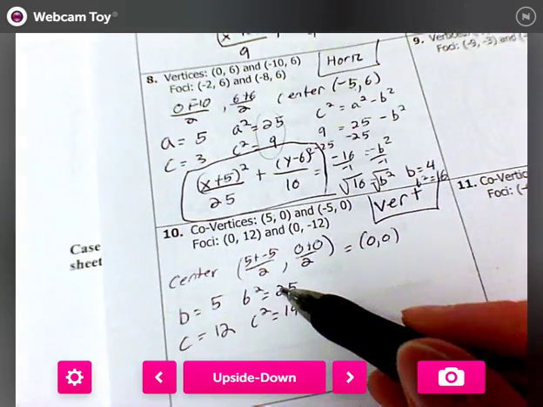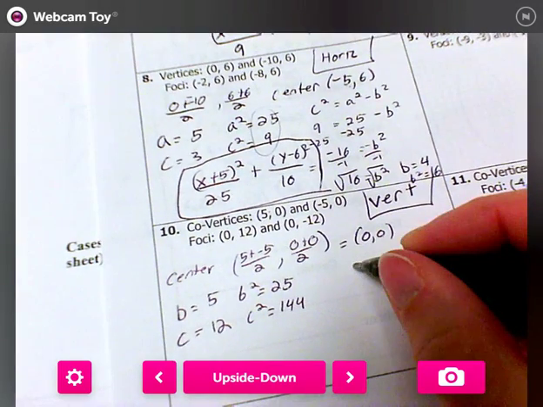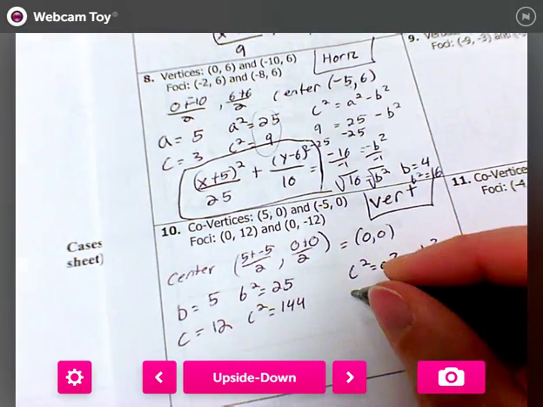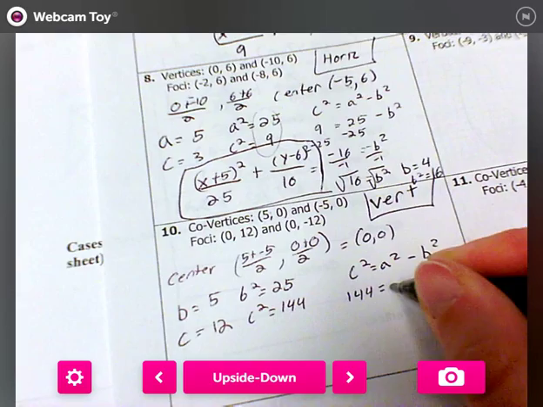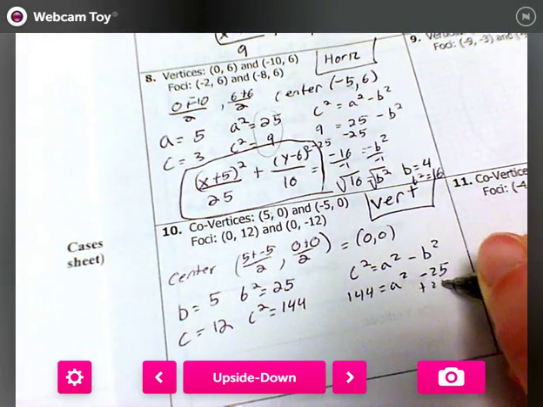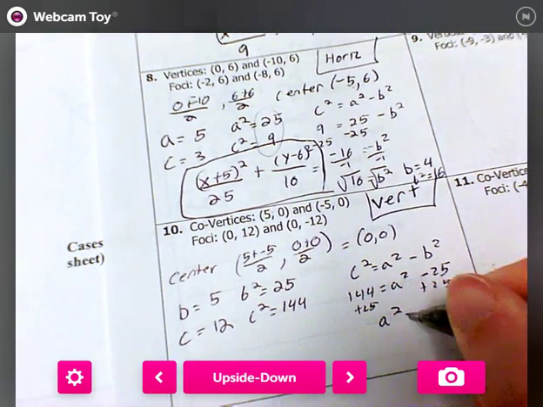Once I have b squared and c squared, I need to find a squared, right? So then I'm going to stick it back in this formula. c squared equals a squared minus b squared. So I'm going to get 144 equals a squared minus 25. I'm going to add 25 to each side. And I'm going to get a squared equals 169.